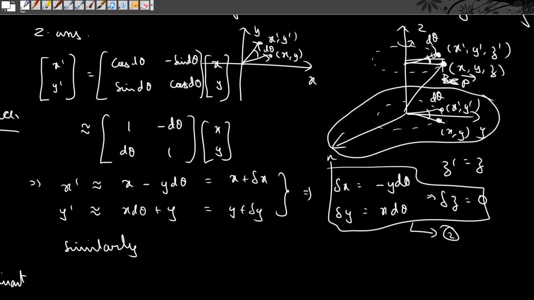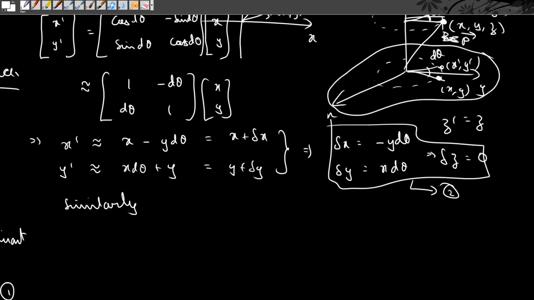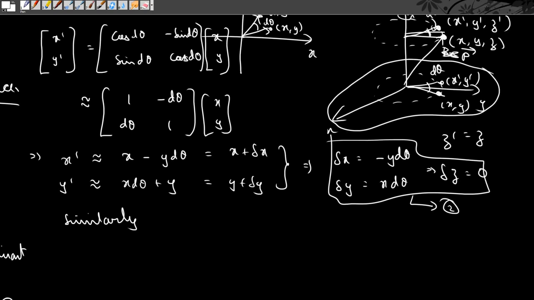When we rotate this vector along the z-axis, of course the z component of p is not going to change, but the x and y components are going to change. Okay, and the way it changes is the same as how the position vector changes.